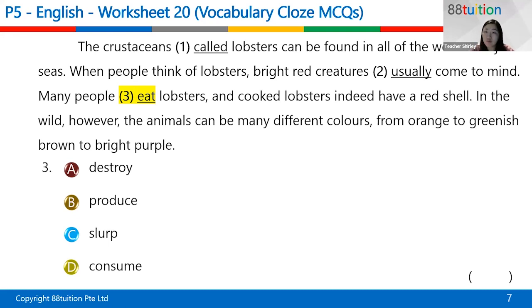Sometimes consume can also mean you buy, you purchase something, but in this context, consume means eat. Slurp means when you drink or eat something with a loud sucking noise. Most people will not slurp lobsters. Usually you slurp a juice or coffee, but you don't slurp lobsters. So this one is basically to drink.